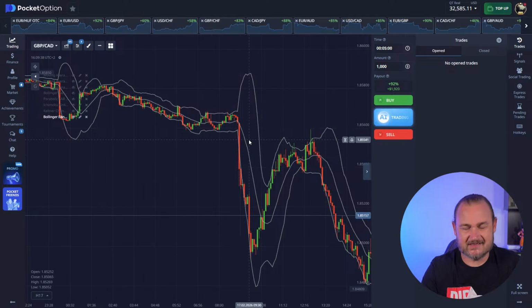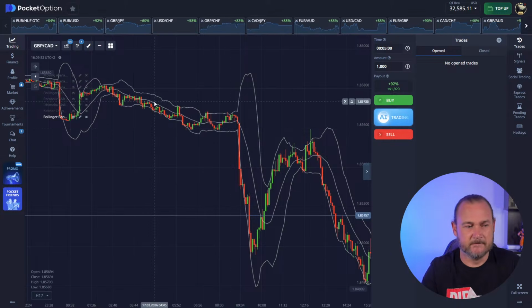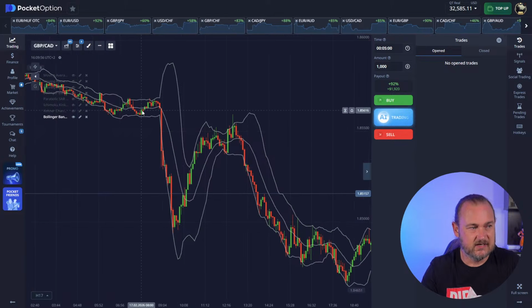This will be a sell signal. When you see a squeeze like this, as soon as the squeeze breaks, if it breaks to the upper side, we'll go with the buy, and if it breaks to the bottom side, we'll go with the sell. And this is kind of what it looks like once it breaks.